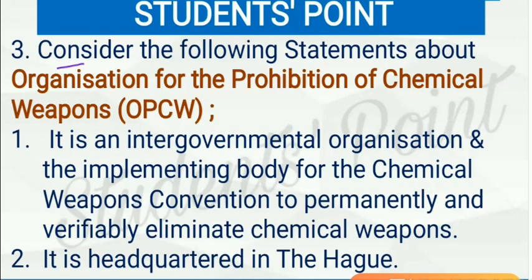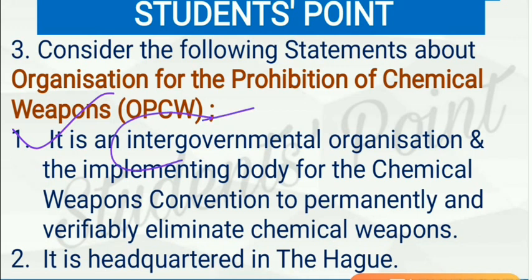Next question. Consider the following statements about Organization for the Prohibition of Chemical Weapons, that is OPCW. See, this is very important. OPCW is an intergovernmental organization and the implementing body for the Chemical Weapons Convention to permanently and verifiably eliminate chemical weapons. This is correct.